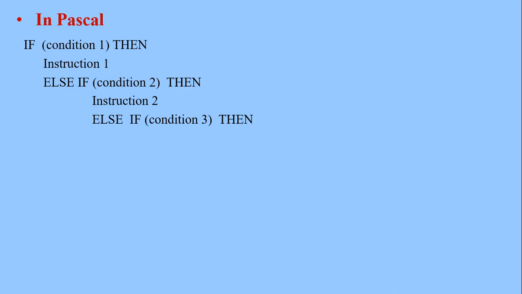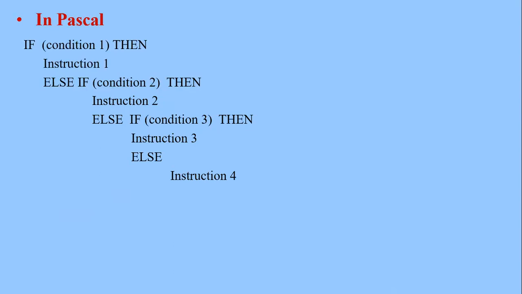Else, if condition 3 is met, execute instruction 3. Else, in other words, if none of those conditions are met, execute instruction 4. And each of the conditions has to be ended with end if.